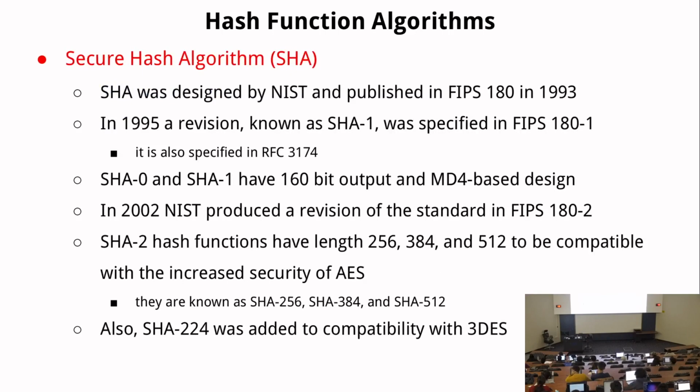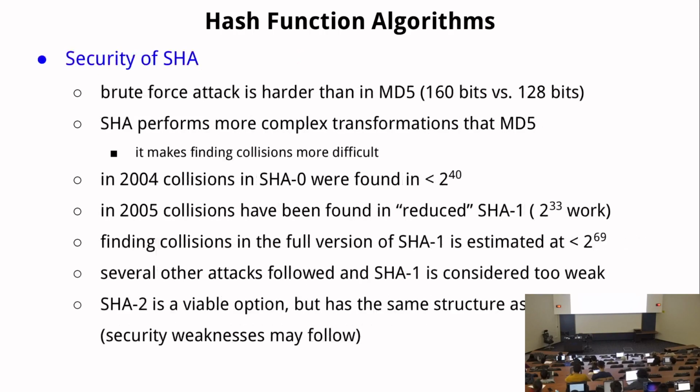SHA was started back in the 90s, and we're still using SHA. Let's see how secure it is right now. In 2004, a collision attack on SHA-1 took 2 to the power of 40. That's still a big number, but SHA-1 is 160 bits. Now we're using SHA-256, I believe, or SHA-3.